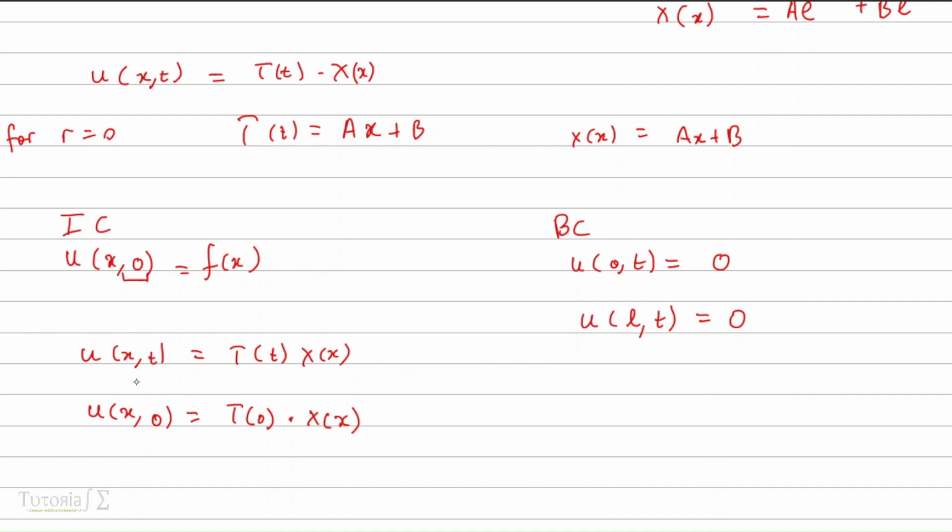This is for the initial condition. So what is this telling us? Let's compute T of 0. When we put 0 where there is t, we're just going to have some constant b. Then now for X of x, we'll come to this.